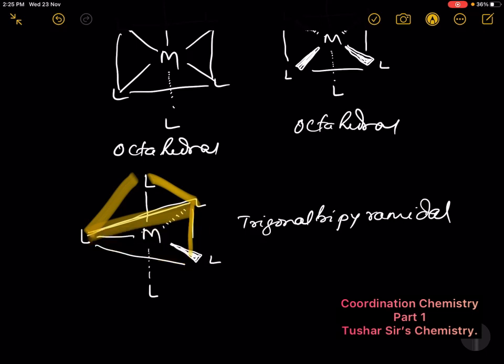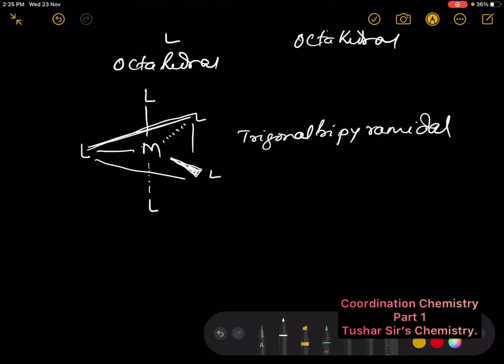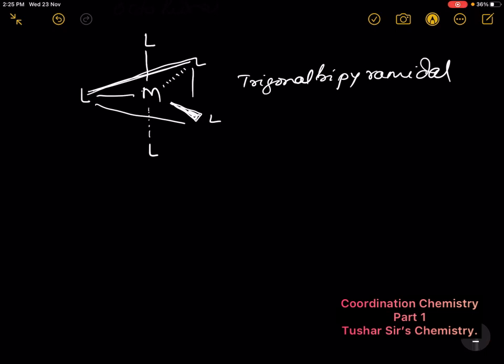Another structure is there, square pyramidal. Square pyramid means this is the metal atom, two ligands, and above the plane you will find a square pyramidal.